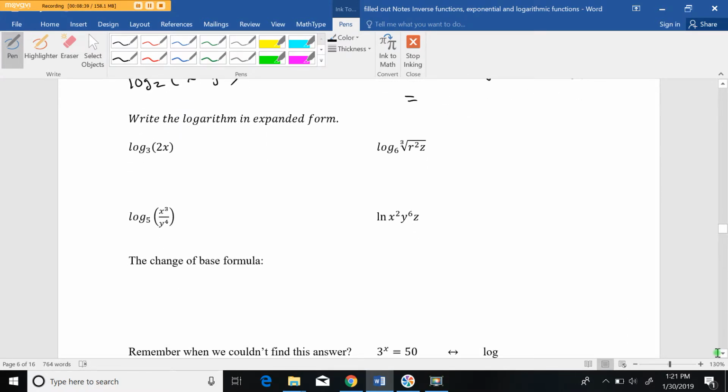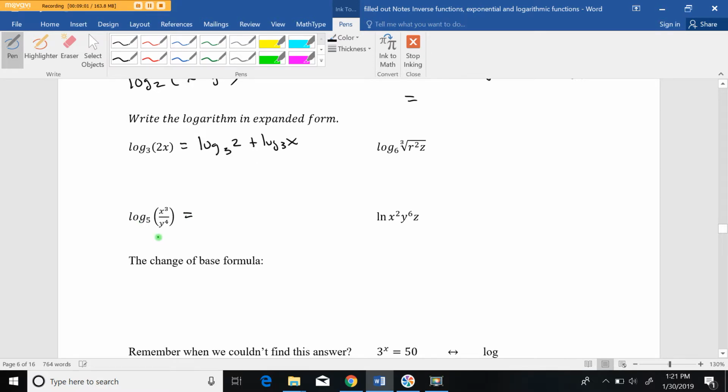All right, write the logarithm in expanded form. I would say they mean to do this. Let's write this log base 3 of 2 plus log base 3 of x. This lower left one.